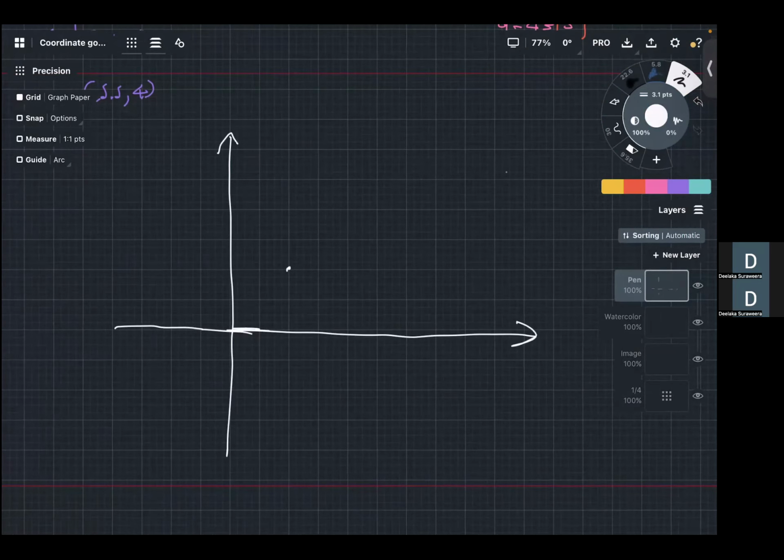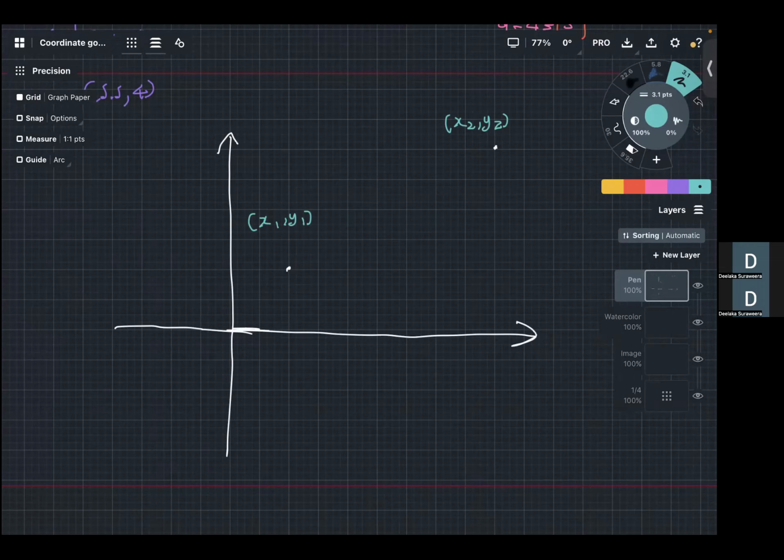Let's say we have general coordinates x1, y1, and x2, y2. I want to find the midpoint between them. By the way, if you go to the formula sheet, on the page with the picture, it's double-sided.